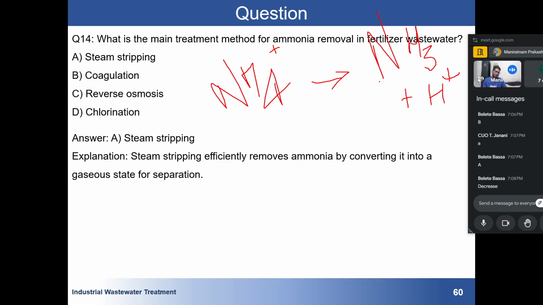Decrease the pH of the system. If you decrease the pH of the system, then what will happen? More H plus will be there. If more H plus will be there, then the reaction will go in this direction. Le Chatelier principle. Do you remember Le Chatelier principle?